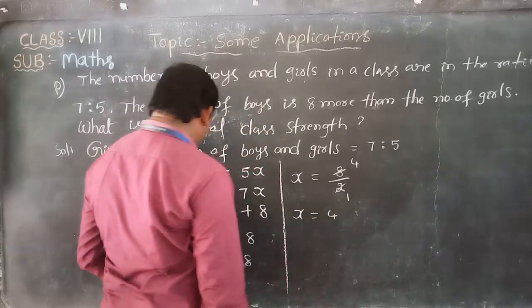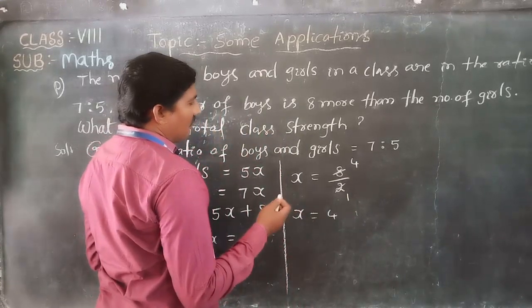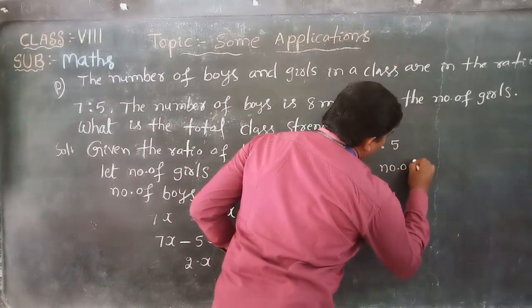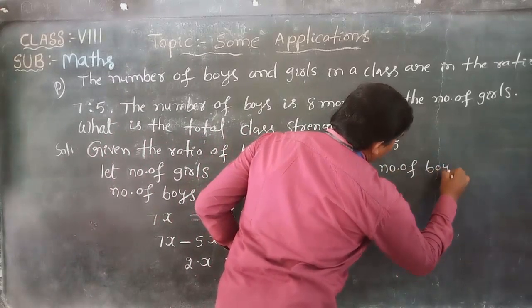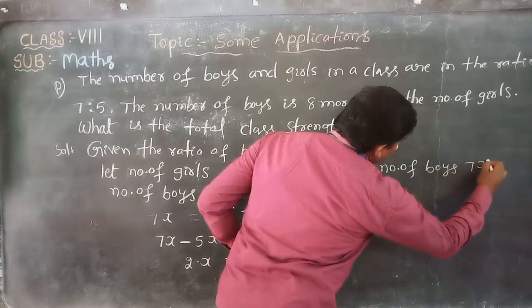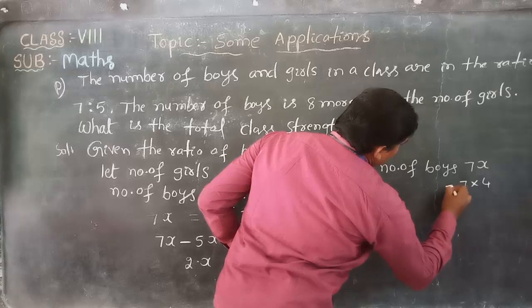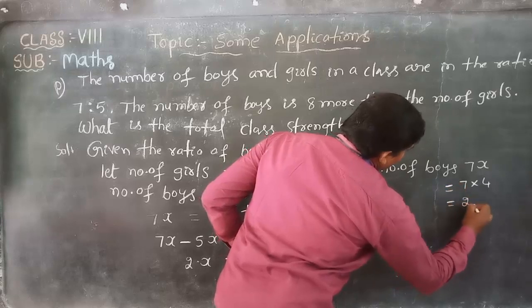Then we want number of boys, number of girls. Number of boys 7x is equal to 7 into 4 is equal to 28.